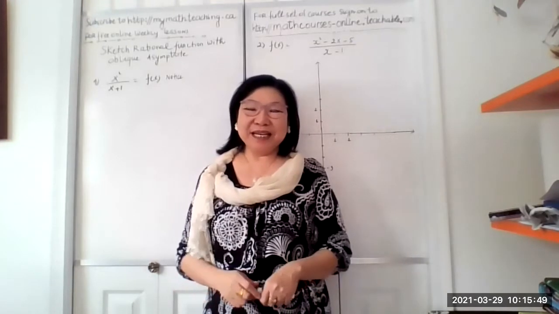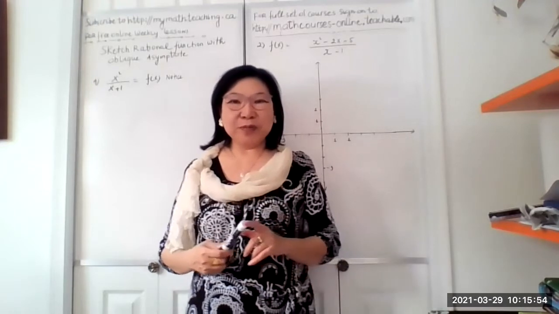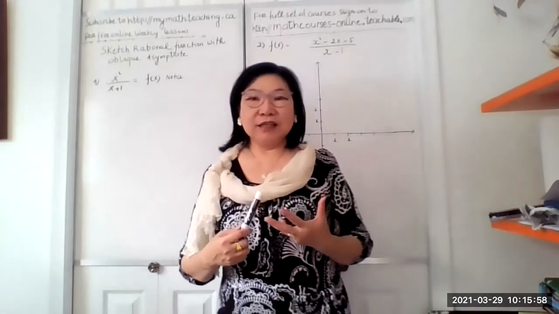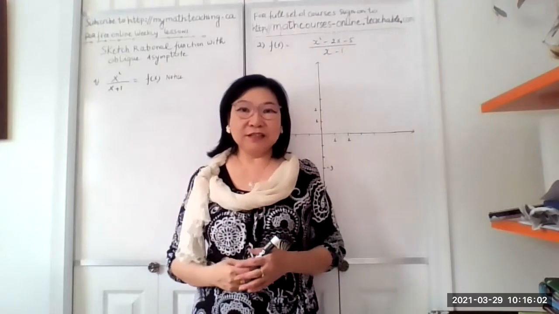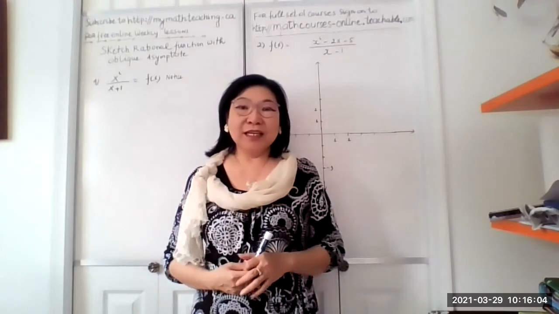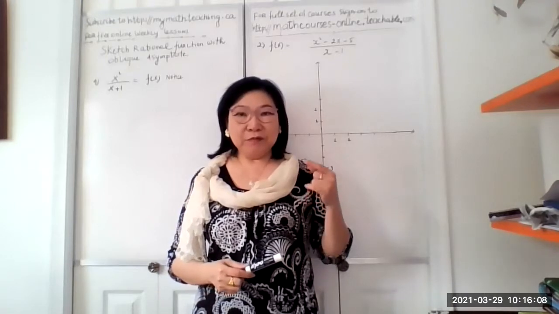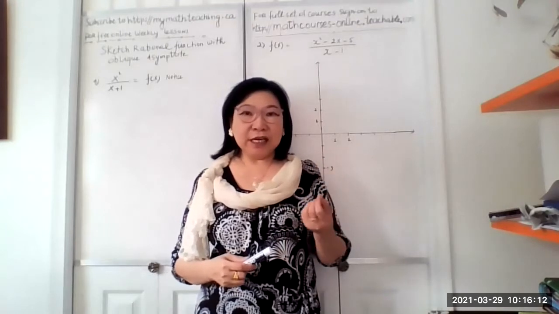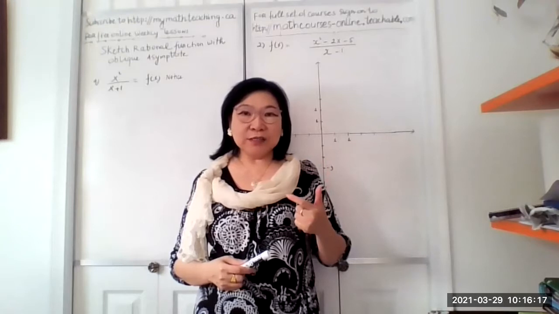But anyway, today we will have the new topic in our new lesson, which is sketching rational functions involving the oblique asymptote. In the past, I have shown you how to sketch based on the analysis of vertical asymptotes and horizontal asymptotes.